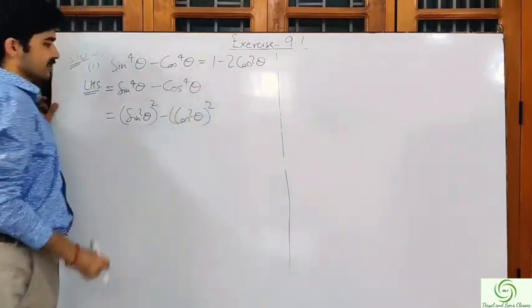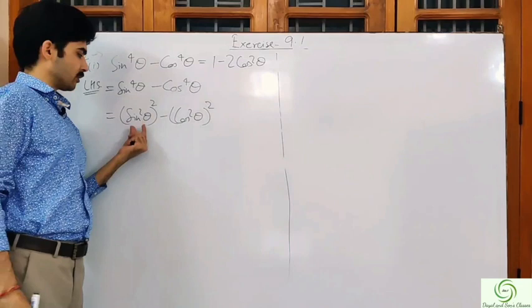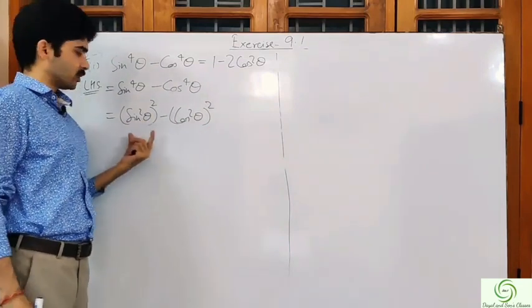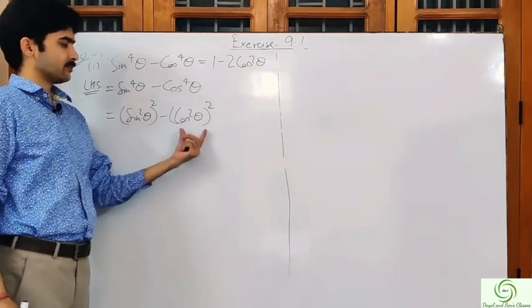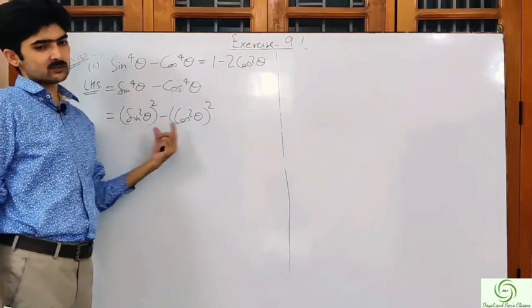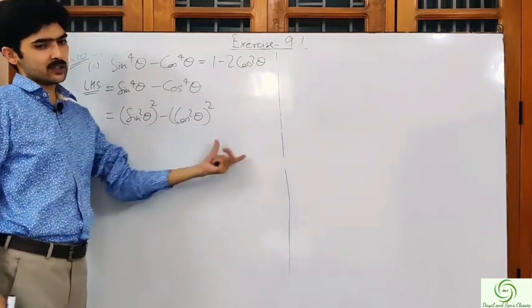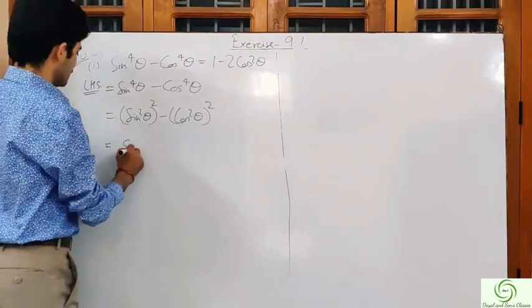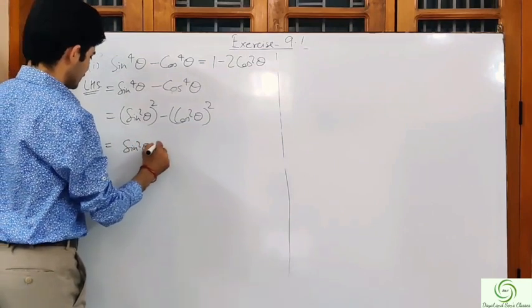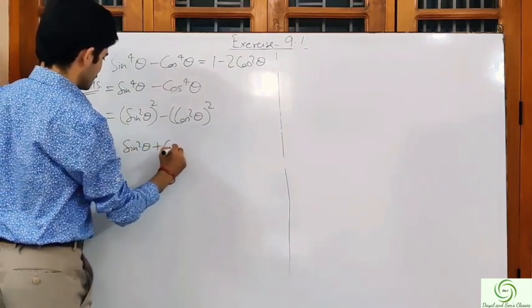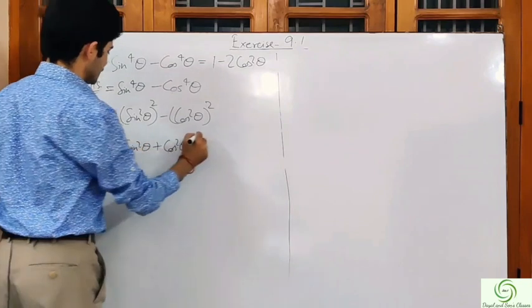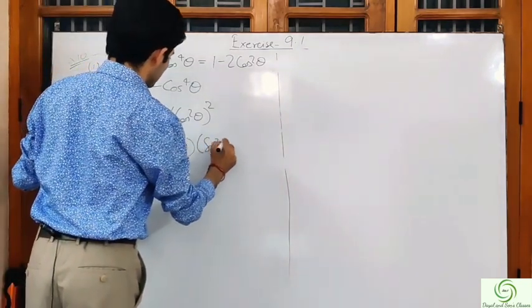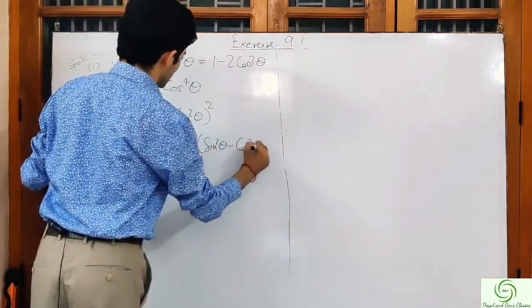Now I have reached the formula a square minus b square. A square minus b square is equal to a plus b into a minus b. That is equal to sin square theta plus cos square theta into sin square theta minus cos square theta.